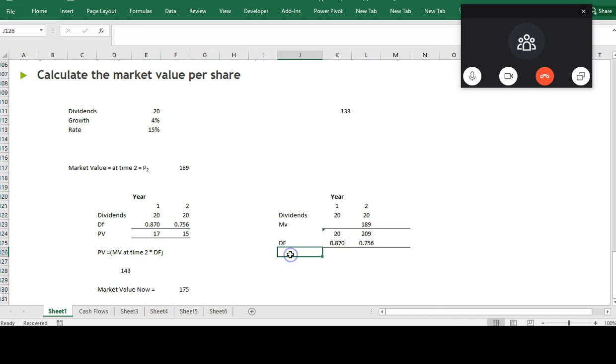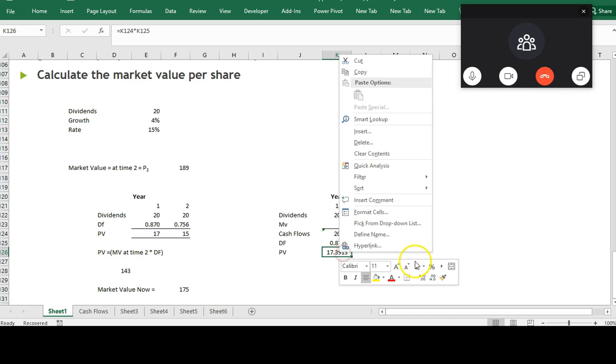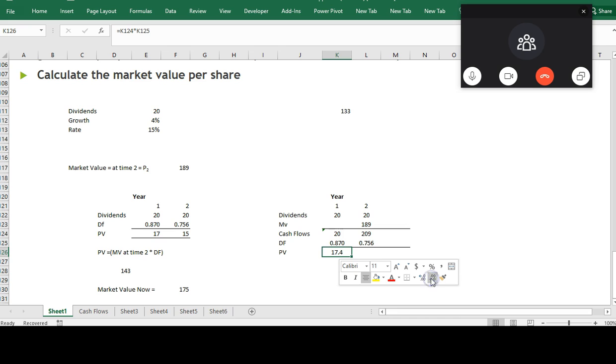So the present value, we are looking at today, guys. The present value would be the cash flows there times this. These are what you'd call cash flows. So you have this there like that.